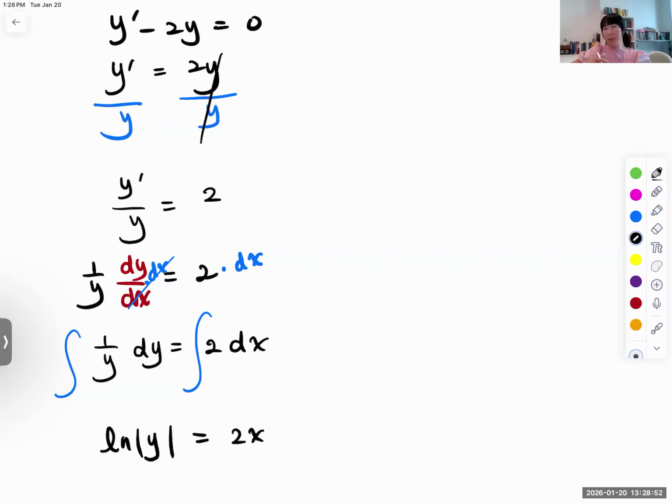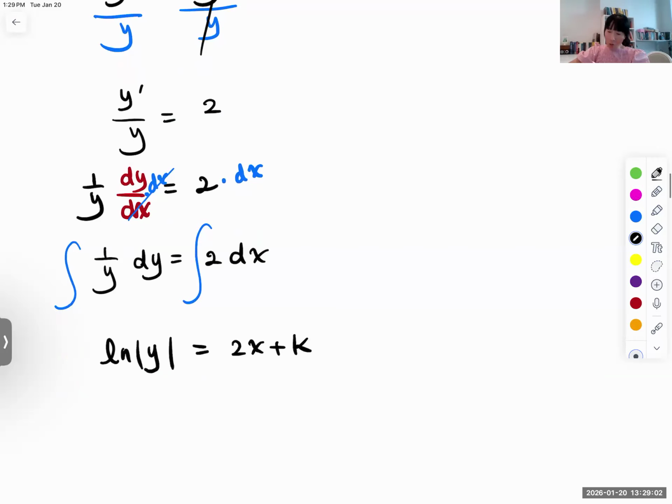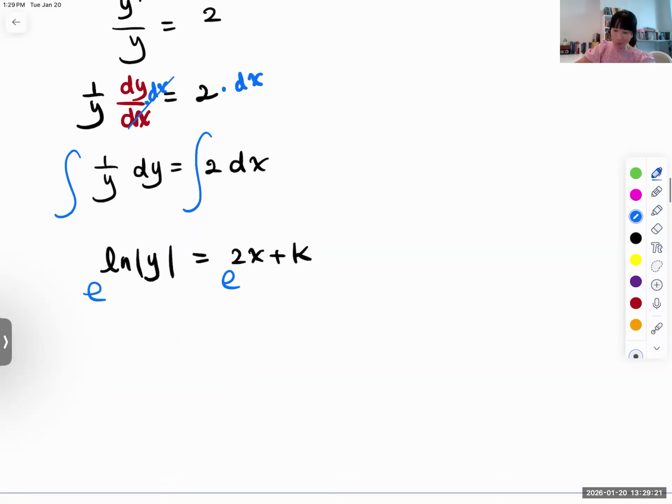But let's make it 2x plus k instead of c. All right. Now we want to solve for y. y is here with the absolute value, and then we have a natural log, right? So we take e on both sides.